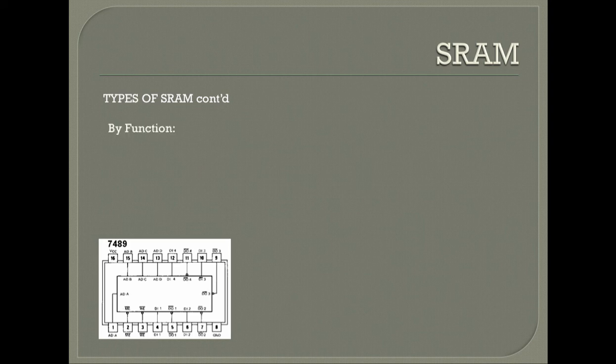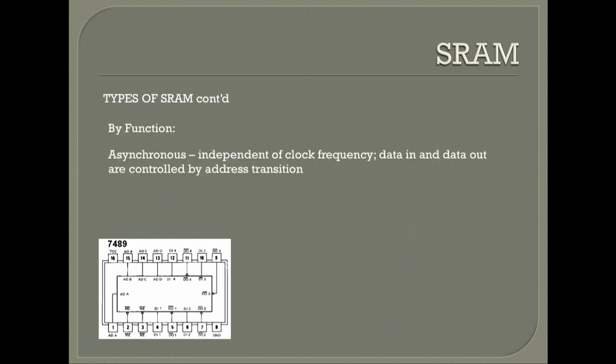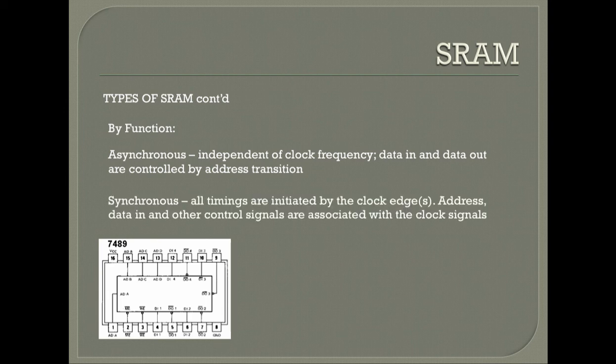Other types. By function, asynchronous is independent of clock frequency. Data in and data out are controlled by address transition. Then you have synchronous. All timings are initiated by the clock edge, and the address, data and other control signals are associated with the clock signals.